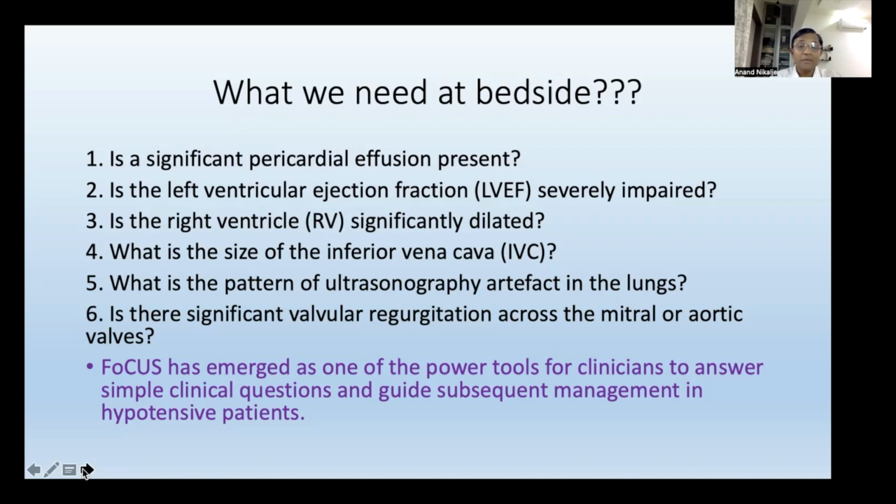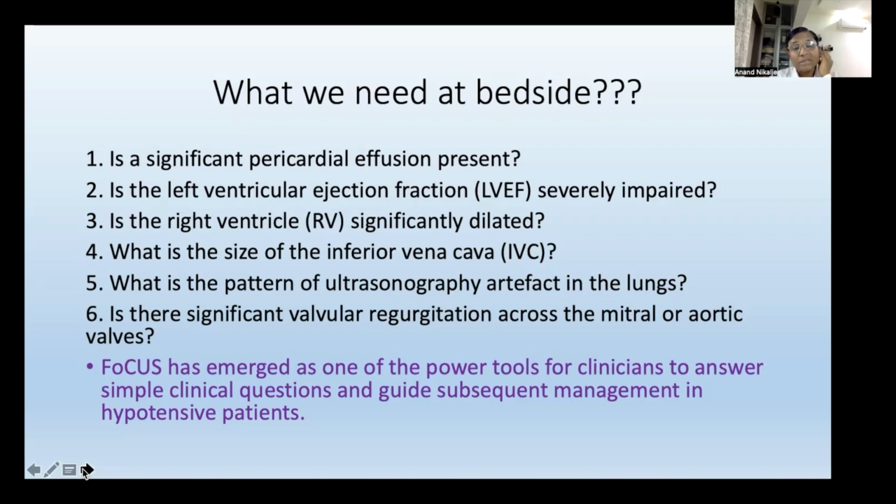And whether there is a significant valvular regurgitation in the mitral or aortic valve, to diagnose endocarditis. So these are the basics. If we get this information from a well-trained emergency physician, anesthesiologist, or intensivist, we can categorize the shock in a better way for further management.